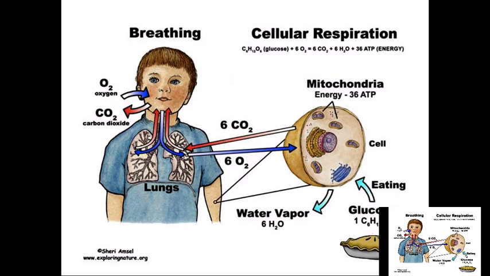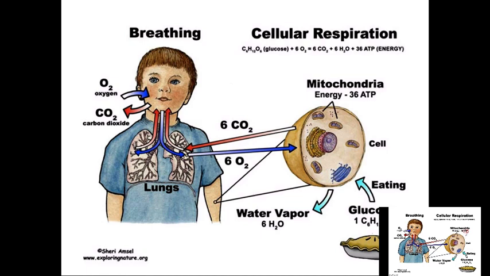And the reason why it needs the oxygen is, if we think about cellular respiration, it's actually called oxidative phosphorylation. So it's oxidizing and phosphorylating because, after all, if we look at what ATP is, it's adenosine triphosphate.